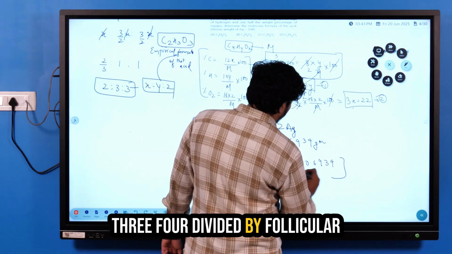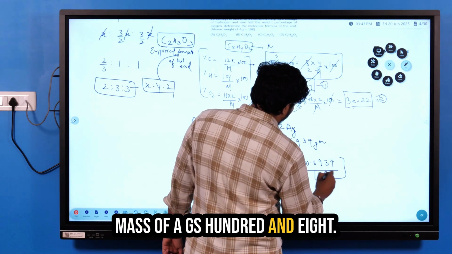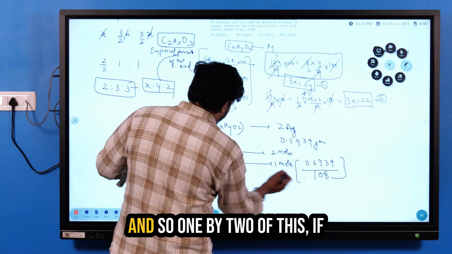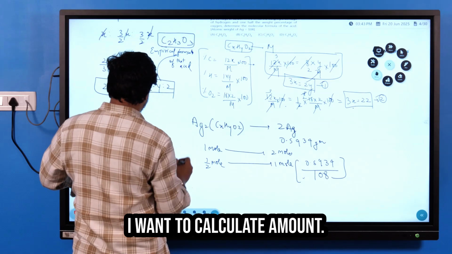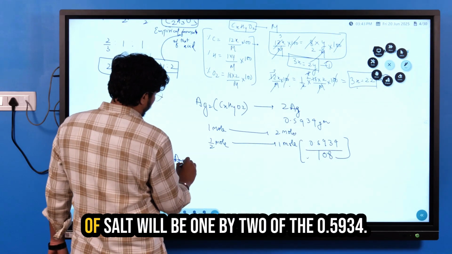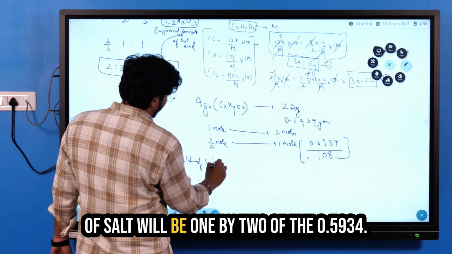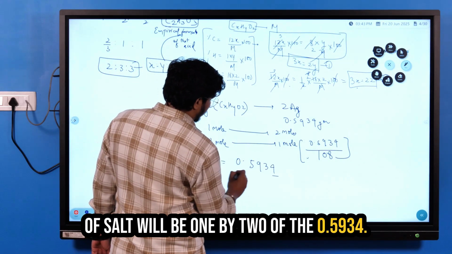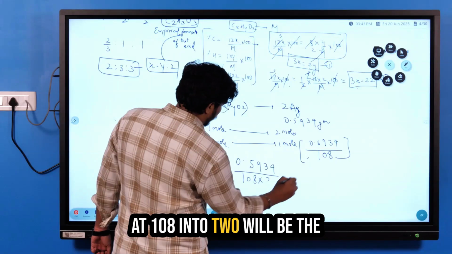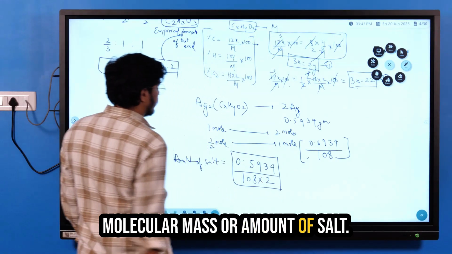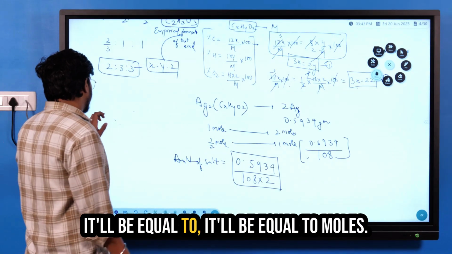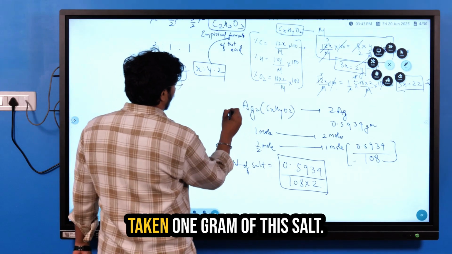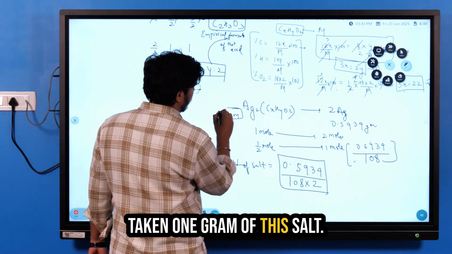0.5934 divided by molecular mass of Ag, which is 108. So if I want to calculate the amount of salt, it will be 1 by 2 of this, 0.5934 divided by 108 into 2 moles. They have taken 1 gram of this salt.